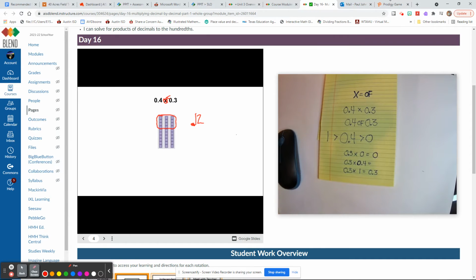Now, if we did the algorithm, 4/10 times 3/10. Remember, when we set it up, just ignore the decimal point until the end.